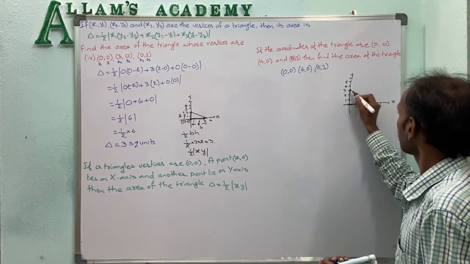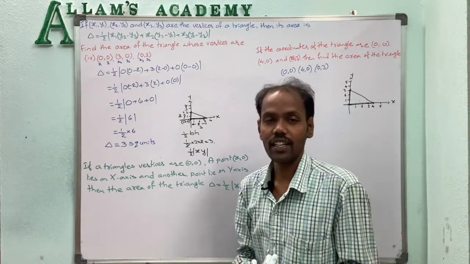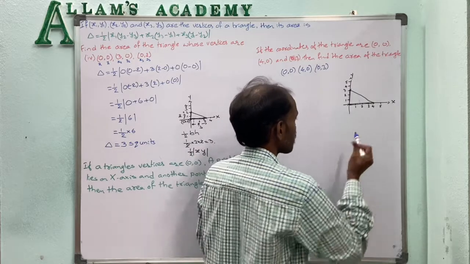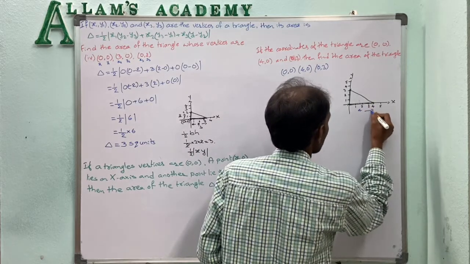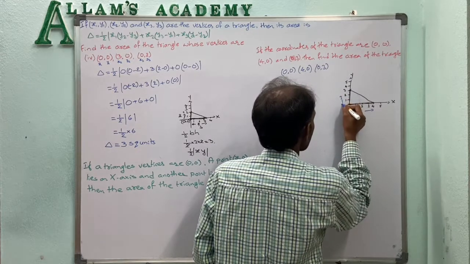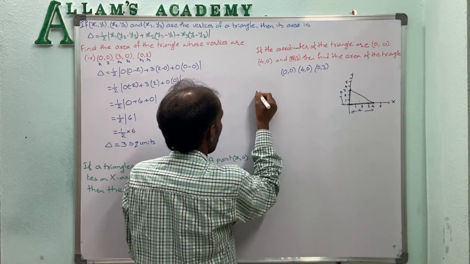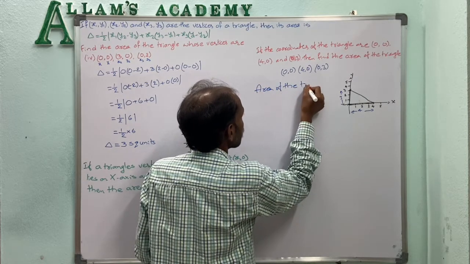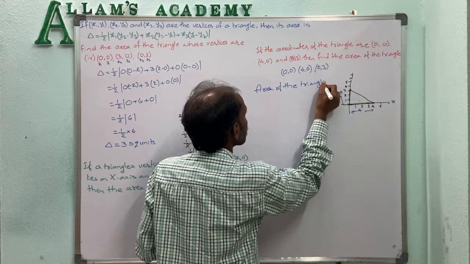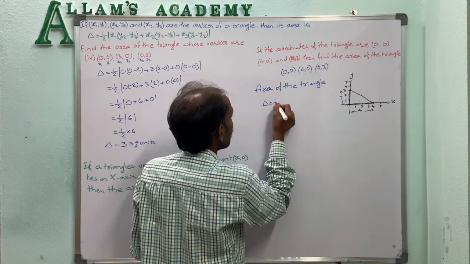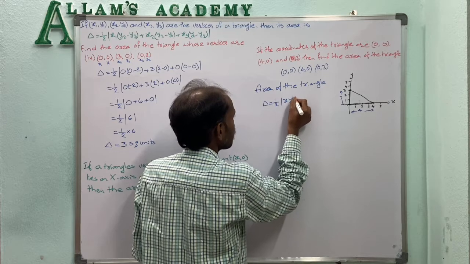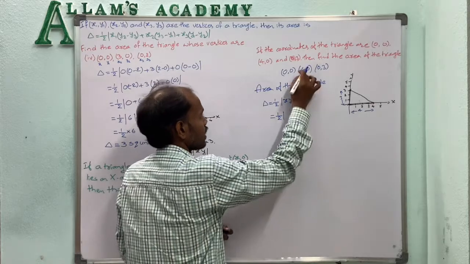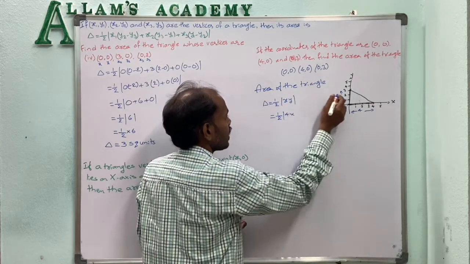So its area is half into base into height. The base is nothing but 4 units distance and the height is nothing but 3 units distance. So area of the triangle delta is equal to half mod xy, that equals half into x coordinate, that is 4, and y, that is 3.